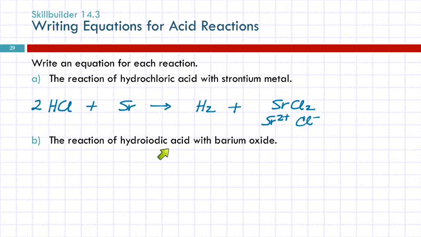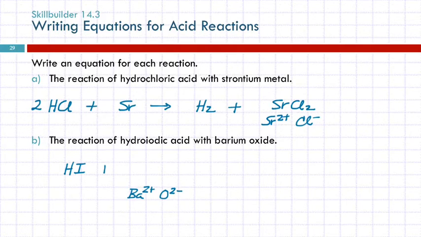Reaction of hydroiodic acid with barium oxide. Hydroiodic. The prefix hydro tells me it's not an oxyacid. So this is HI, and barium oxide. Okay, so that's barium with oxide. Oxide is 2- from the periodic table. And we look at barium on the periodic table and find out barium is 2+.